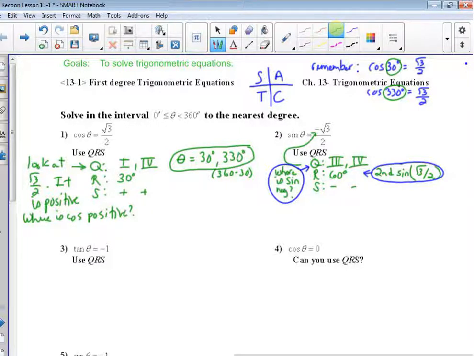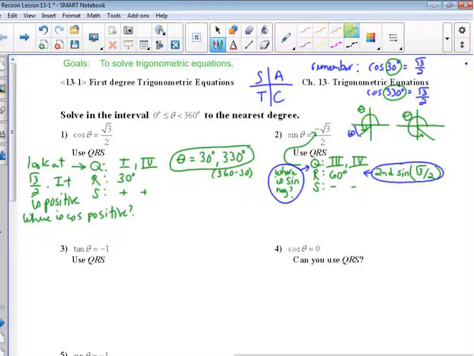So now in quadrant 3, I am looking for, again, this angle. This is what I'm looking for, but I know this piece here is 60. And in quadrant 4, I'm looking for this angle theta.